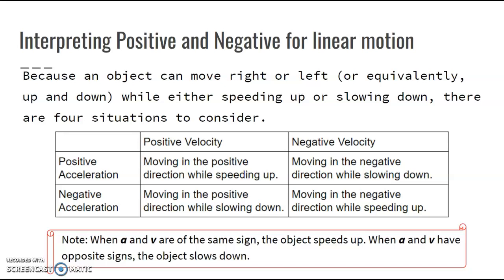Positive velocity means we're moving in the positive direction, but it's also speeding up, because positive acceleration means our change in velocity is also positive. Those compound on each other. If rightwards is positive, which usually it is, our object is moving to the right, but also speeding up to the right.